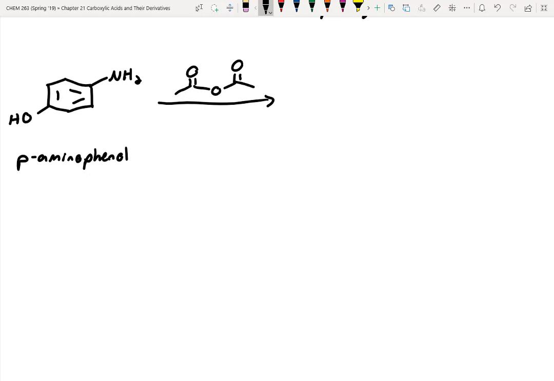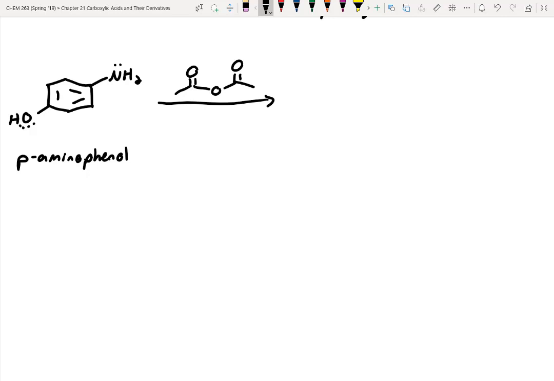Which one's the better nucleophile? This is tricky, right? Both of them have lone pairs. But which lone pairs are going to be more available for a nucleophilic attack? Let me phrase it a different way. Which one's holding on to its lone pairs less tightly? Nitrogen, right? So nitrogen is a better nucleophile than oxygen.